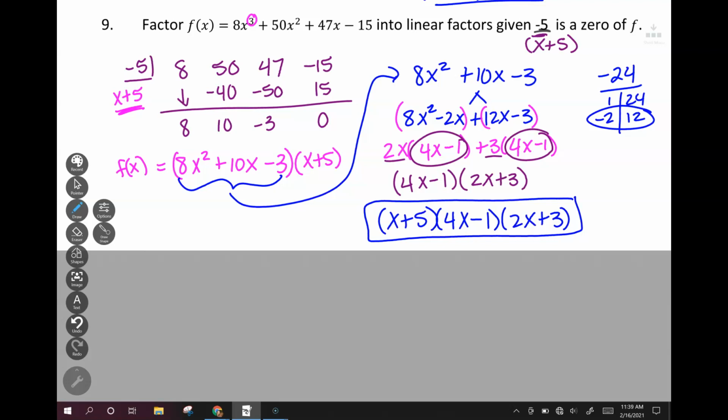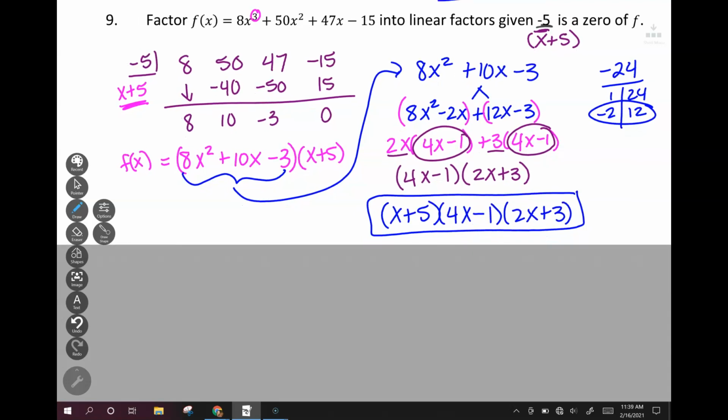And so that's your new tool. You can factor more polynomials using synthetic division to divide out factors. The problem is, here on number 9, you were given one of the zeros. Now, obviously, you're not always going to be given one of the zeros or one of the factors.